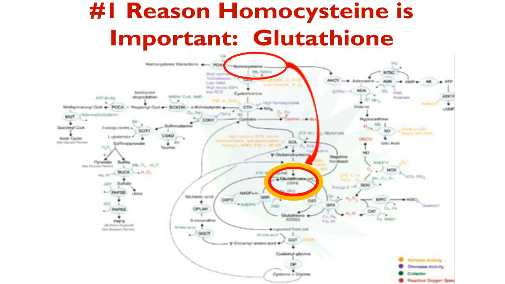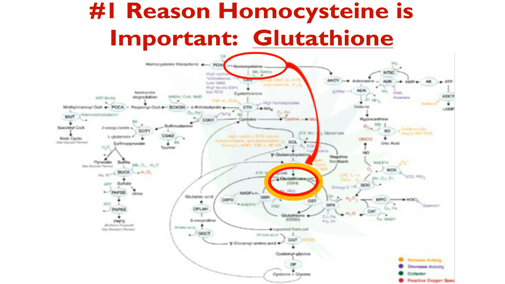So I'd like to present the two major reasons that I consider homocysteine to be particularly important. Homocysteine at the very top circle in red is incredibly important because it is the opening down the transsulfuration pathway, which is where glutathione is produced. And without glutathione, well, let me just say glutathione is the major antioxidant of the body.